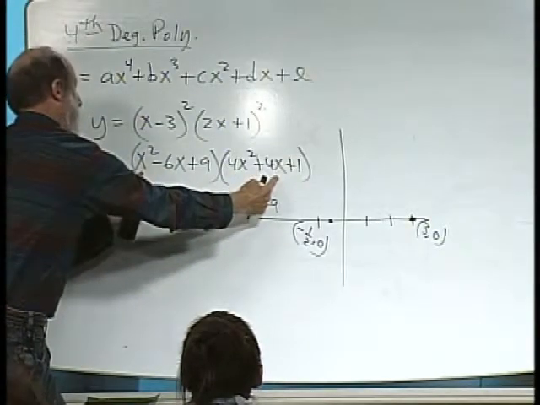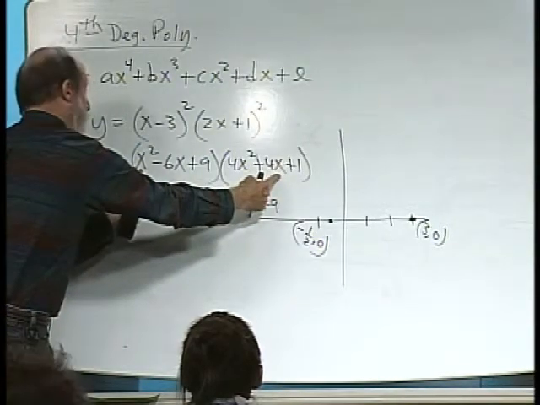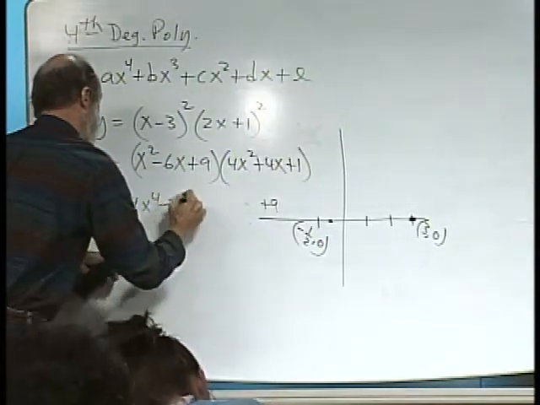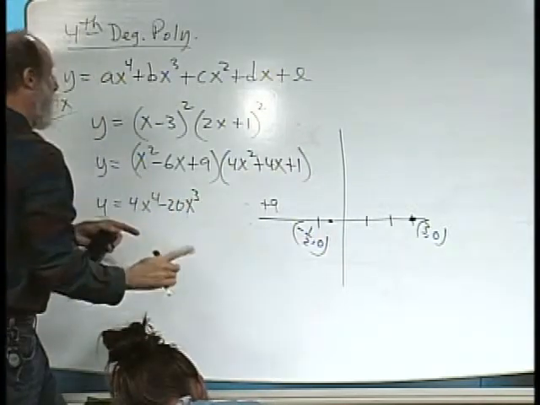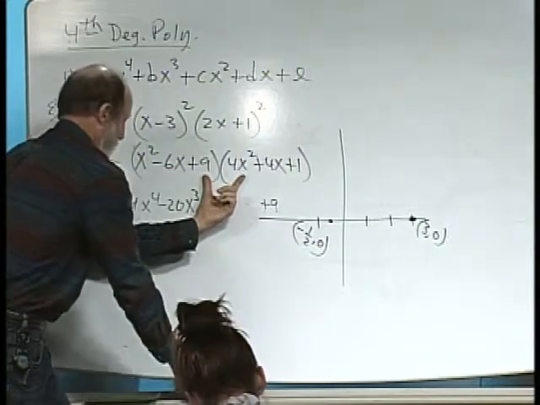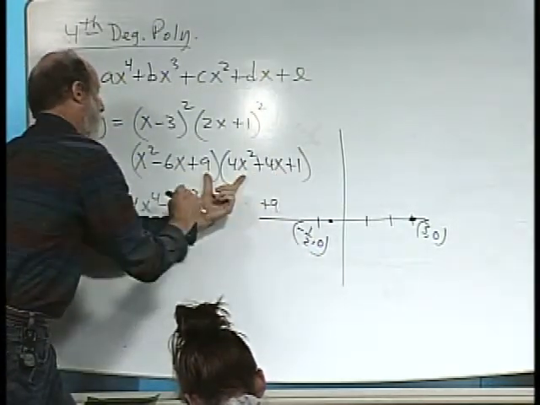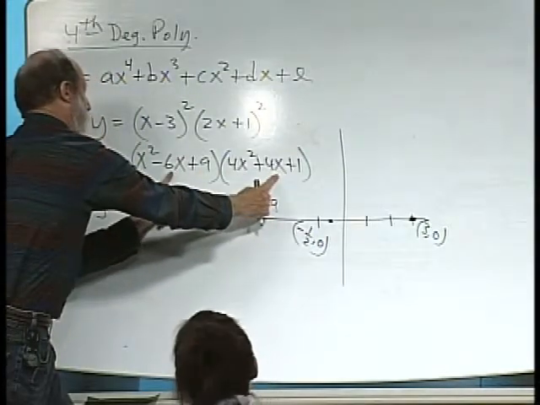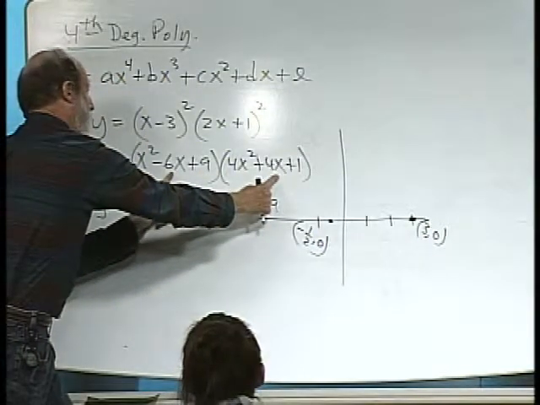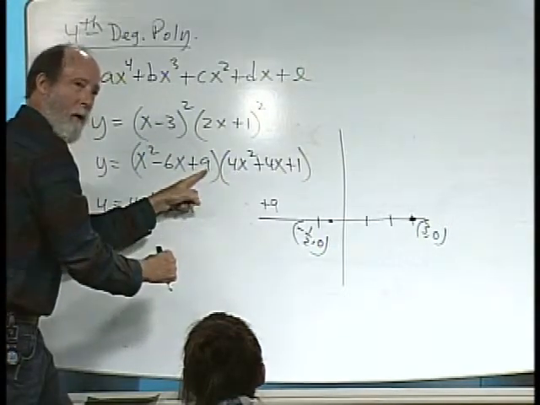Oh, look at here. Plus 4x cubed. That's minus 20x cubed. Now look for any quadratic pairings. Here's 36x squared, and here's a minus 24x squared. Take 24 away from 36, and you get 12.